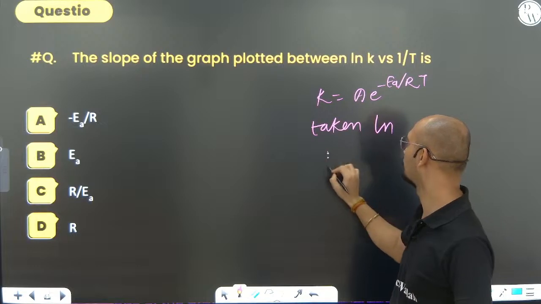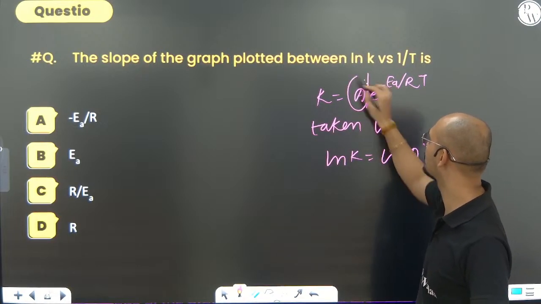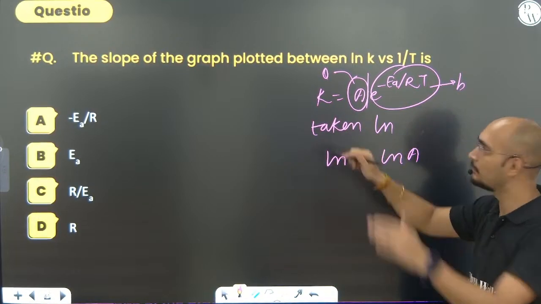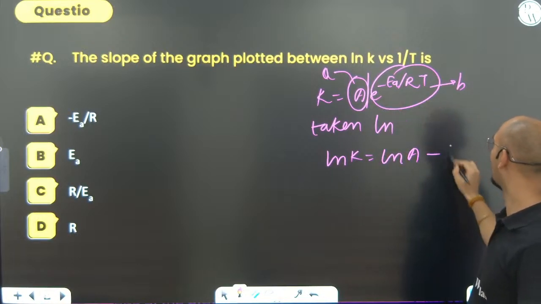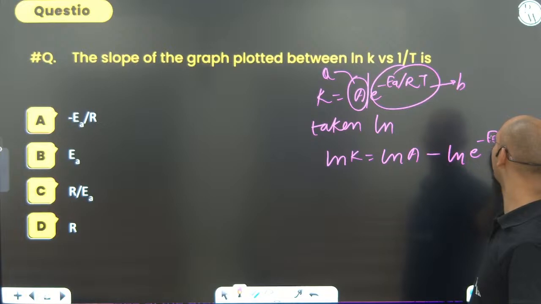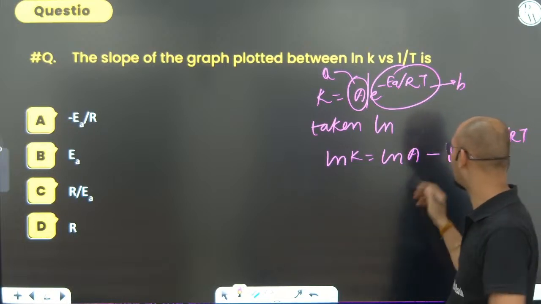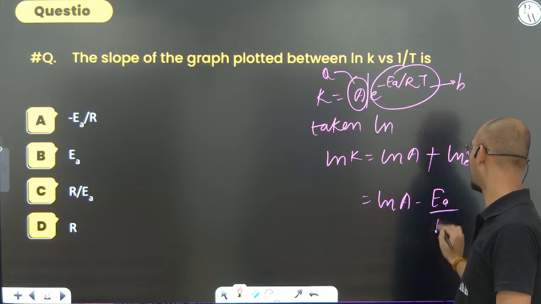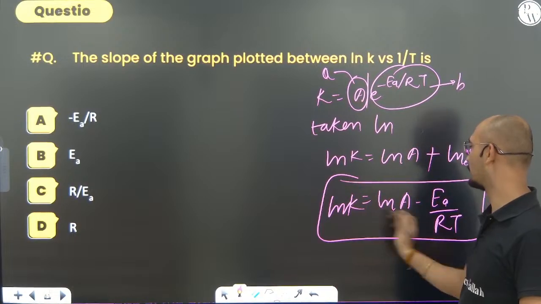Can we consider one part as A and the whole exponential part as B? Log of A into B equals log A plus log B. So ln K equals ln A plus ln of e to the power minus EA by RT, because the base is e here also. So ln K equals ln A minus EA by RT.